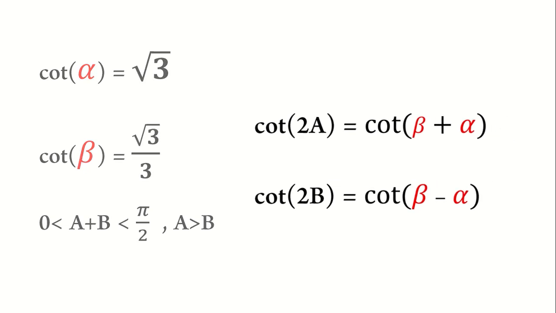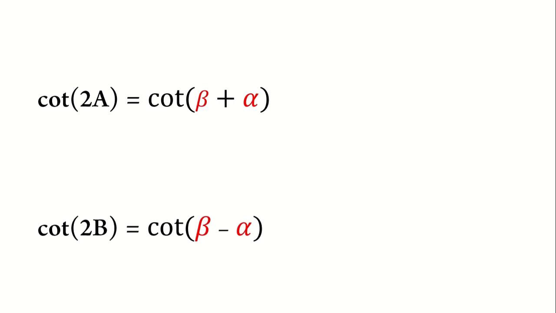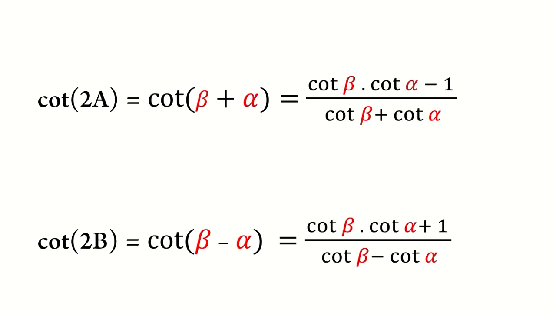The cotangent of beta plus alpha is equal to cotangent of beta times cotangent of alpha minus 1 over cotangent of beta plus cotangent of alpha. And for the below term, we have cotangent of beta minus alpha, which is equal to cotangent of beta times cotangent of alpha plus 1 over cotangent of beta minus cotangent of alpha. So it is enough to change the positive sign for alpha to a negative sign.